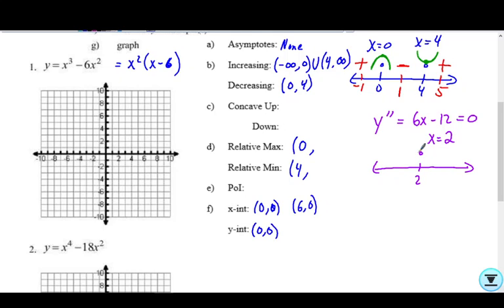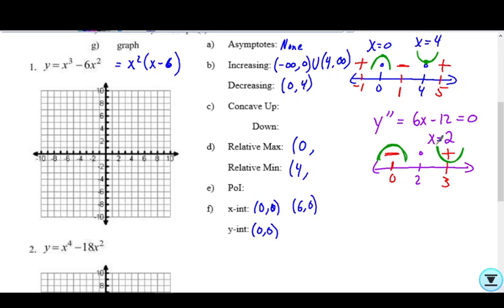We put 2, we put our 0, now we test it. We plug in values on either side. I'm going to plug in 0, that was the easiest, and I find this side's negative. Then I plug in 3 and find this side's positive. That's telling me my concavity. On this side, my function is concave down, and on this side, it's concave up.